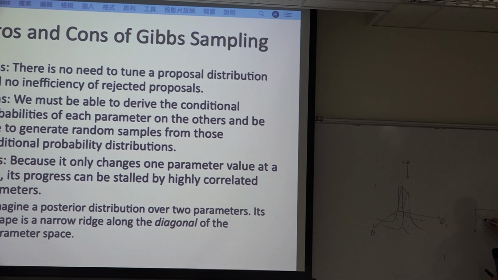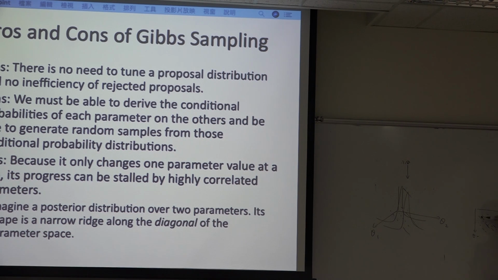In here, it's very concentrated. Very concentrated. Right? Because every time you just change one, this is theta 1, this is theta 2. Okay, when you fix theta 2 and try to change theta 1, say originally you are here, you will find that you really don't have a lot of place to go, right?